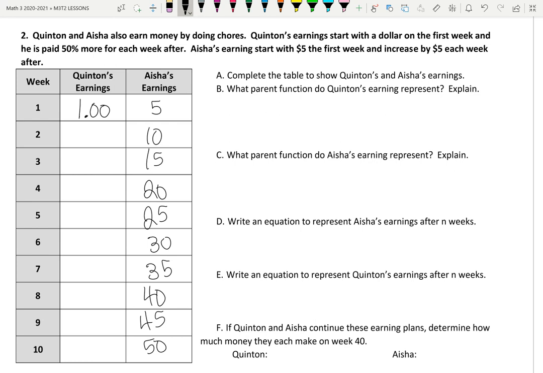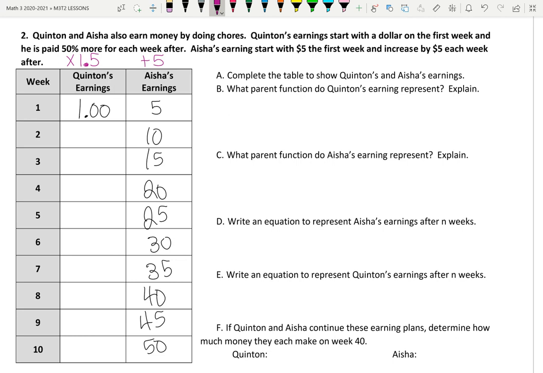Quentin, so he's going to get paid not double, but 50% more. So the idea is that I'm going to multiply each of these by 1.5 because it's 50% more. If I just took 0.50%, that would be less. So I'm going to repeatedly multiply by 1.5, and what I did here was repeatedly add.